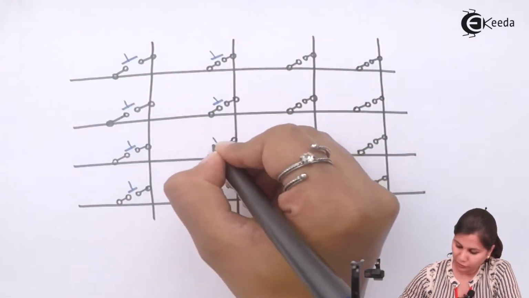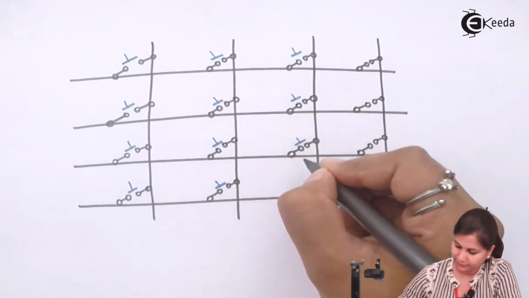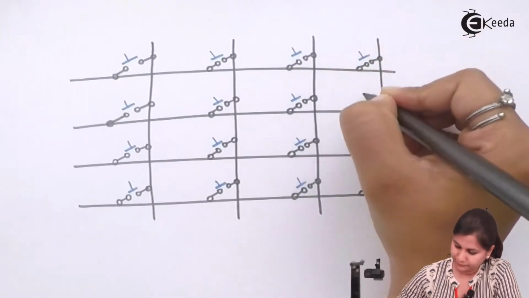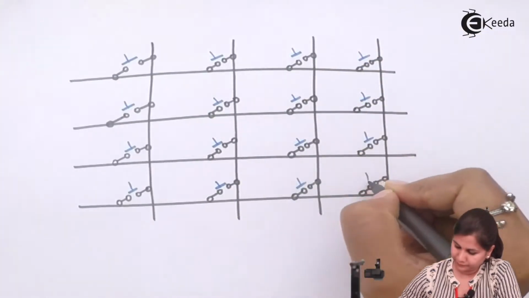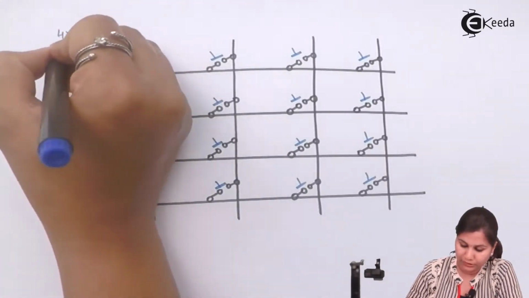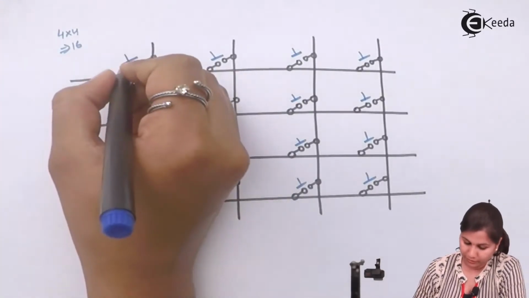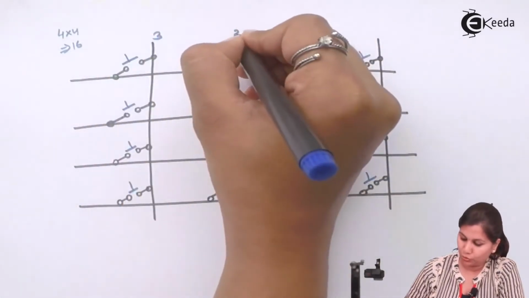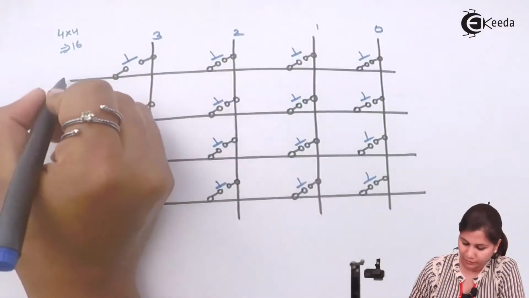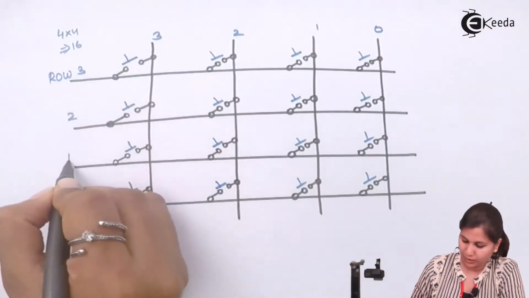These are the switches for those keys. So you can see there are a total of 16 keys here. With the combination of 4 cross 4, we can implement 16 keys. Here we have columns 3 2 1 0, and here also we have rows 3 2 1 0.